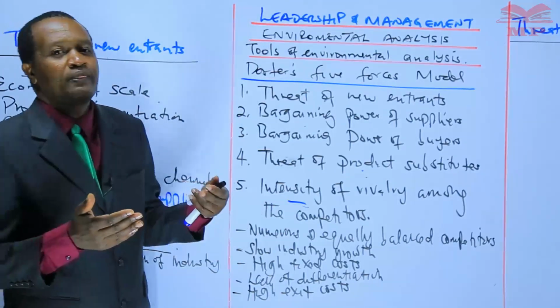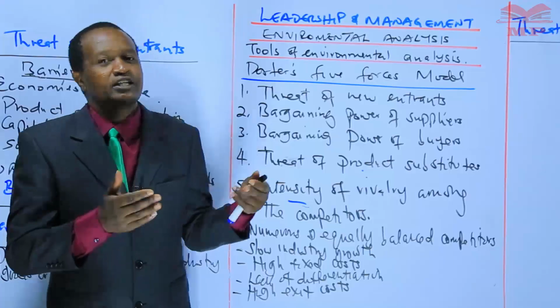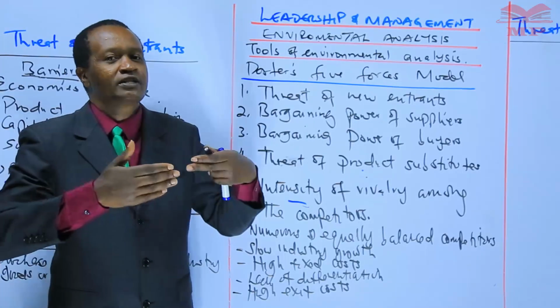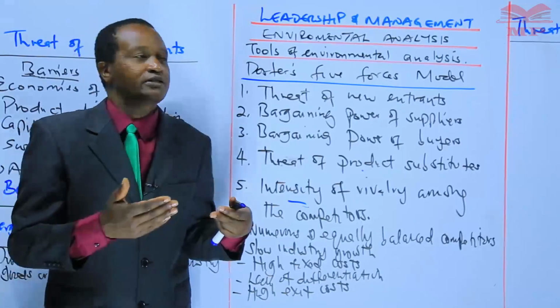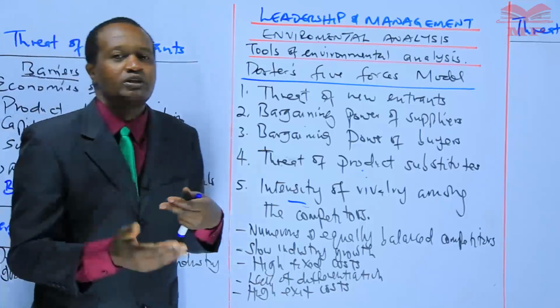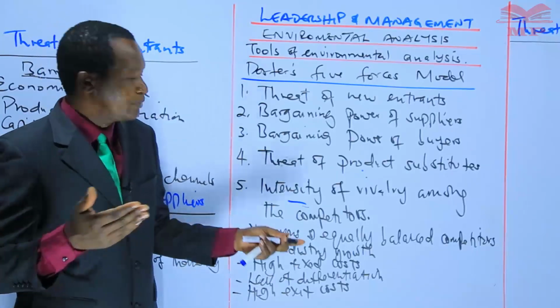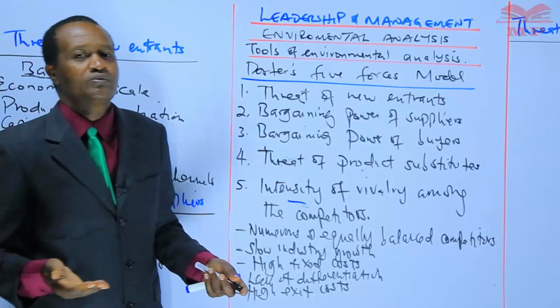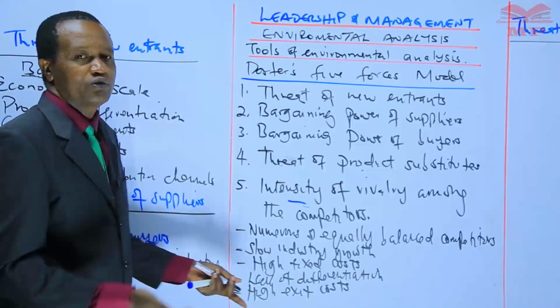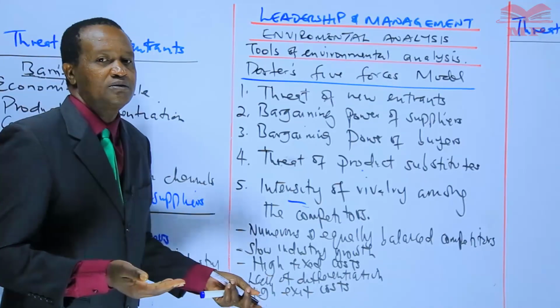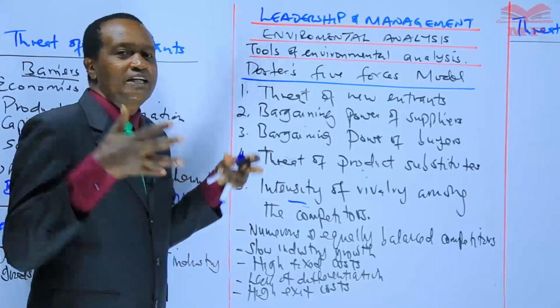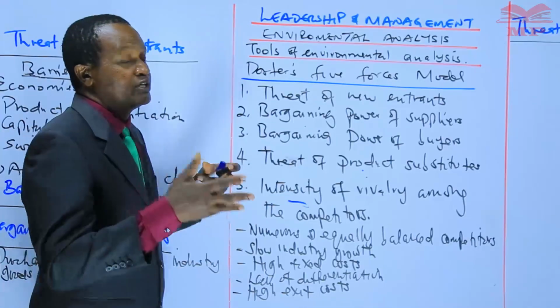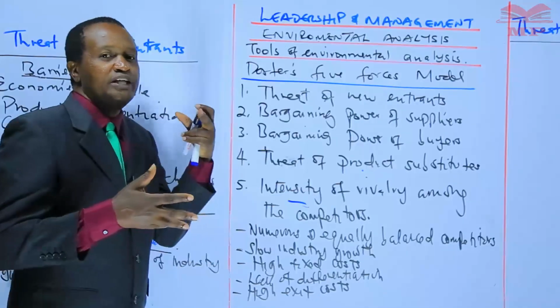So firms that make such a choice are likely to face high exit barriers, which include economic barriers, strategic barriers, and so on. We may even have emotional factors that may cause a company to remain in an industry when the profitability of doing so is questionable.